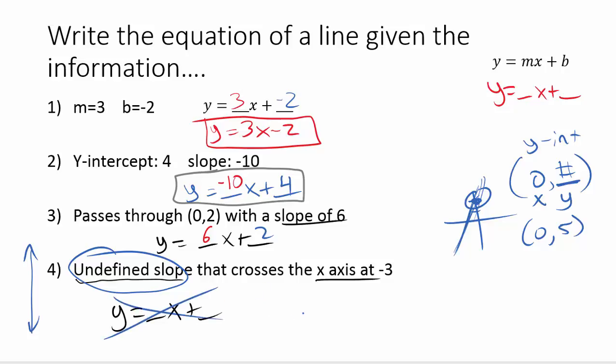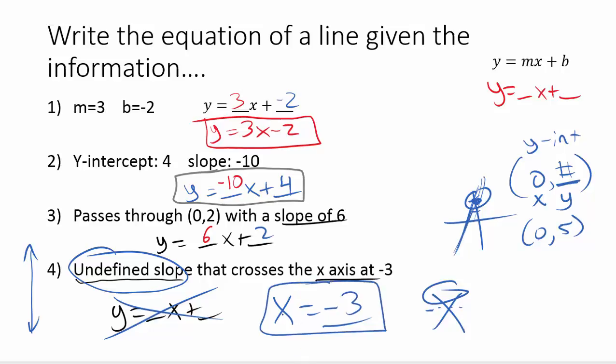They're written as x equals a number. We said that x lines are vertical lines because if you cut an x in half, it makes a v for vertical. That number is where the line crosses the x-axis. Since it crosses at negative 3, this is a vertical line crossing through negative 3, which gives us the equation x equals negative 3.